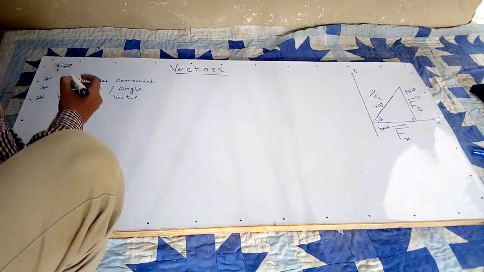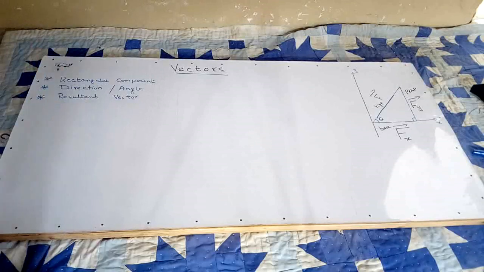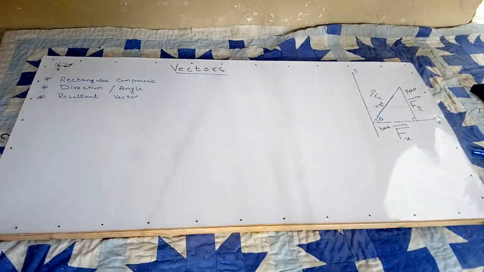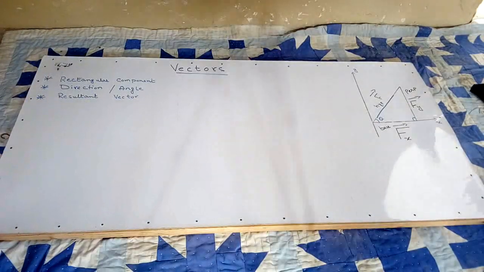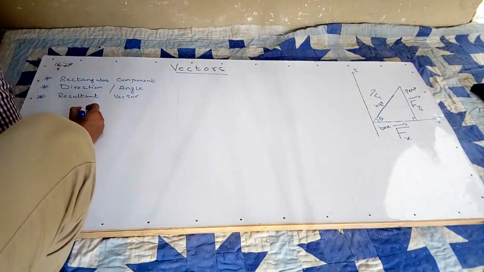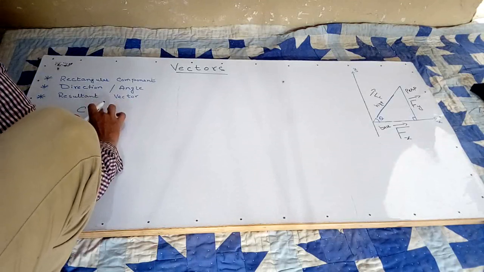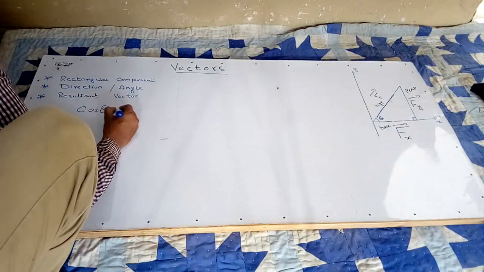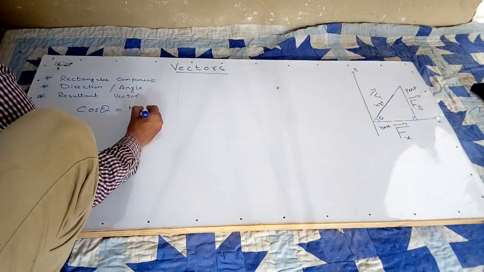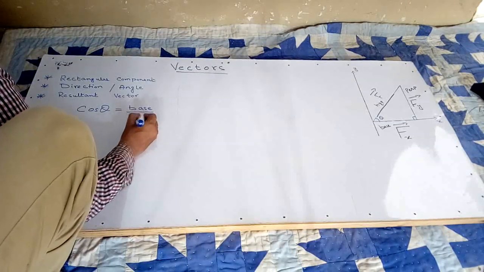Now we know that cos theta is equal to base upon hypotenuse.